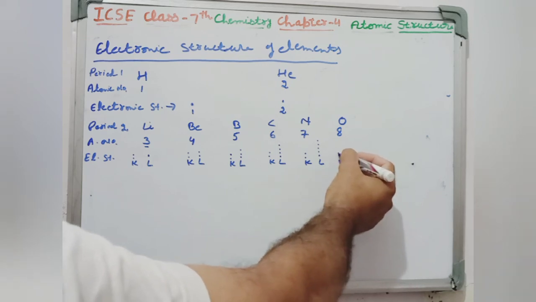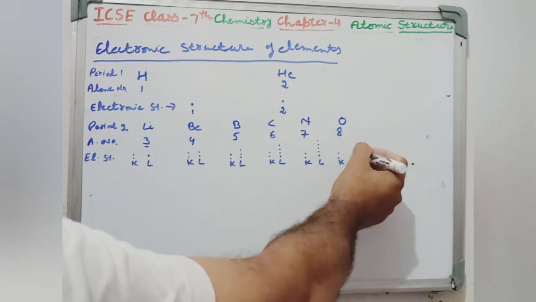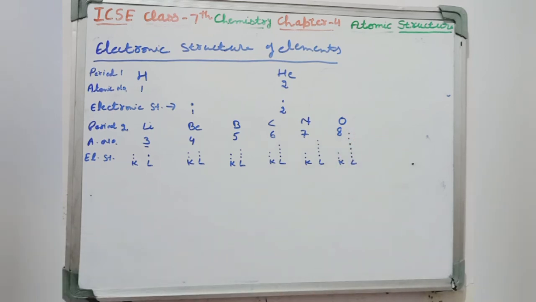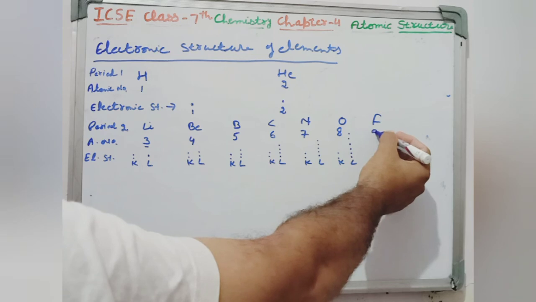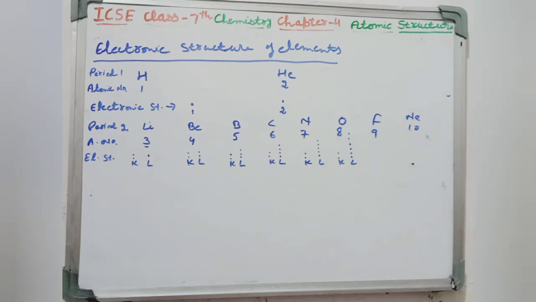K, L: 1, 2 are here. Only 2 in K. L can hold 8. 8 minus 2, 6 are remaining. 6 will be here. 1, 2, 3, 4, 5, 6. Right? In the same way here, fluorine 9, neon 10, you can adjust.